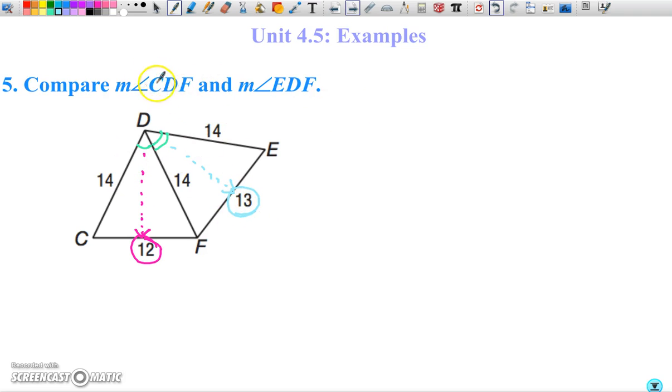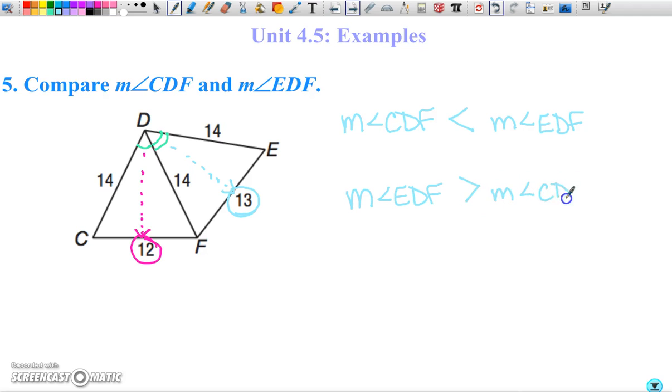So since CDF is across from a smaller side, it's going to be the smaller angle. So the measure of angle CDF is going to be less than the measure of angle EDF. Or writing it backwards, the measure of angle EDF is going to be greater than the measure of angle CDF. And again, it's all based on the fact that this side is larger than that side right there.